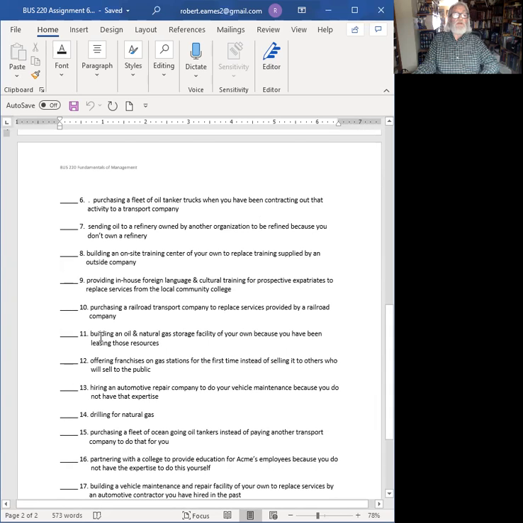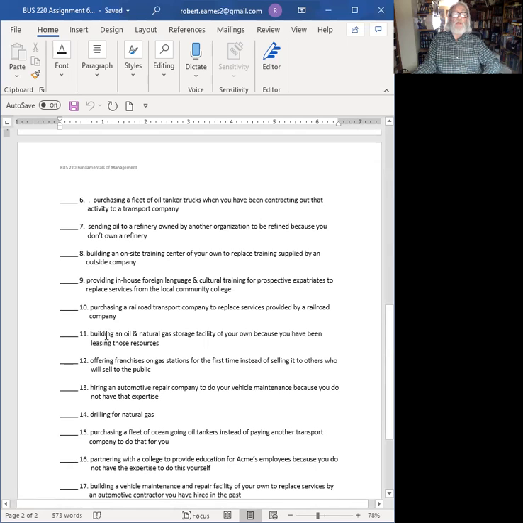Number 11, let's look at this one. Building an oil and natural gas storage facility of your own, because you've been leasing those resources. So if you've been leasing those resources, you have to assume you've contracted with another company to let you store your gas and your oil in their big tanks. You don't own those tanks. You don't own that storage facility, but you're leasing the operations of it.